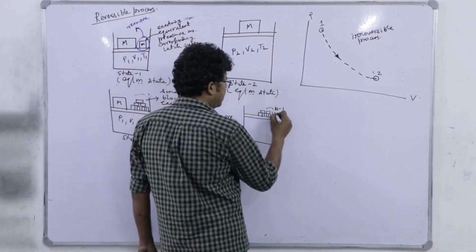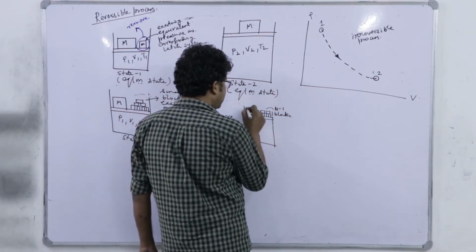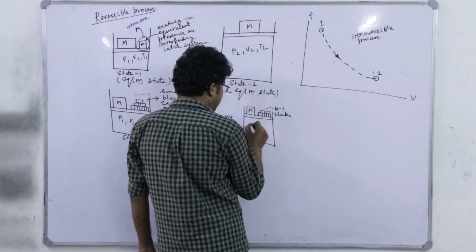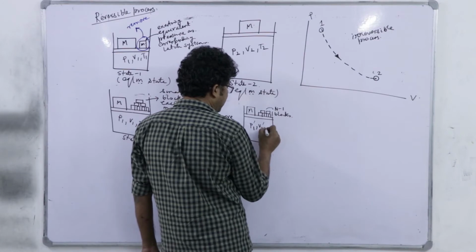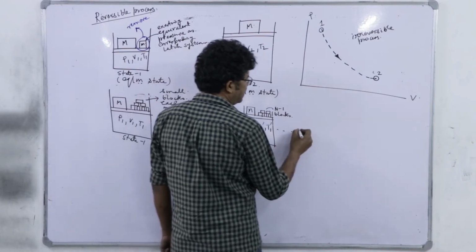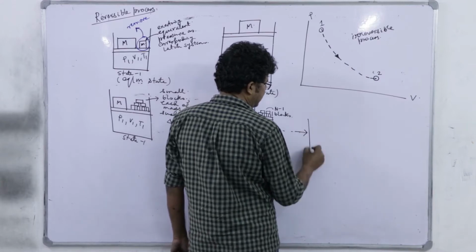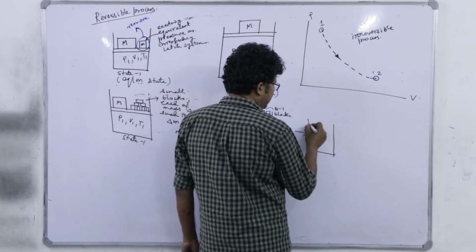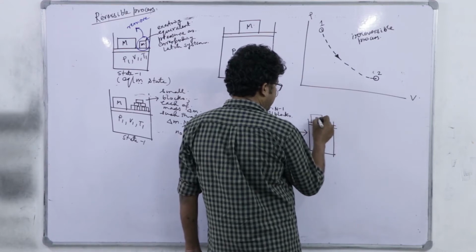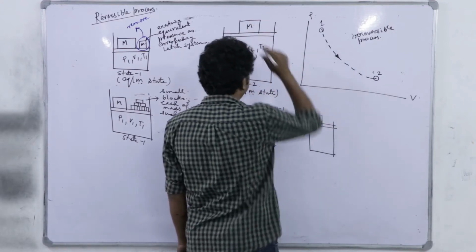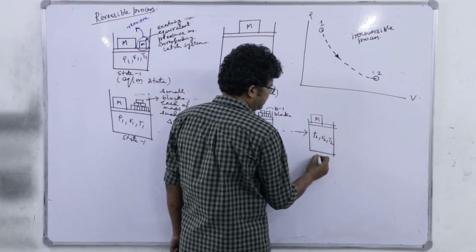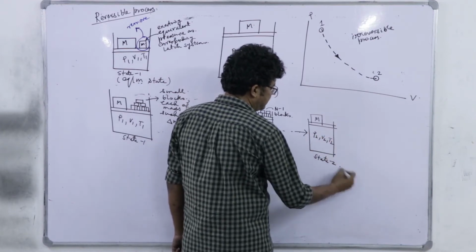N minus 1 blocks, and here the dead weight m. So it will be having a pressure P1 prime, volume V1 prime, temperature T1 prime. So in this way, finally, we go to the state 2, where there is only this dead-weight m, and definitely the system will attain the same final state. So this is state 2.